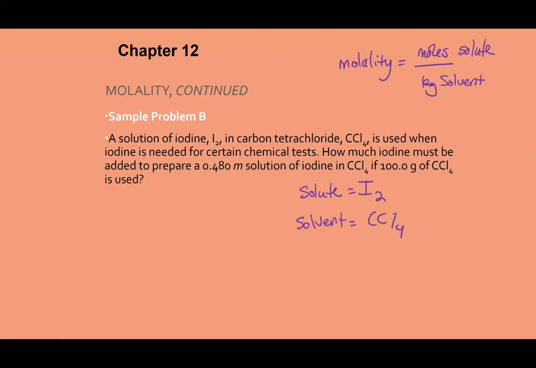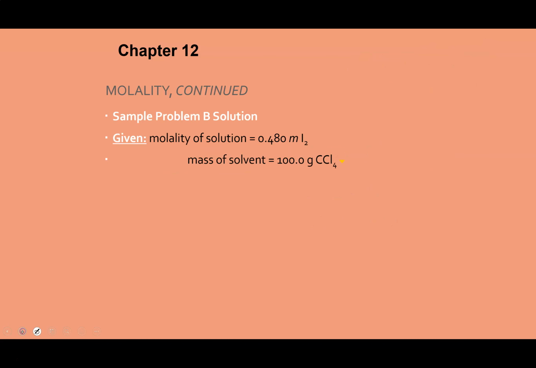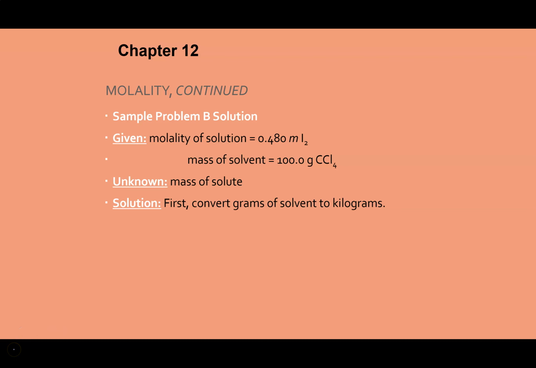Okay, so now we have some other pieces of information. Let's summarize what we have. We're given the molality of the solution altogether. We're given the solvent's mass, and we're asked to find the mass of the solute. Our first step is going to be to convert the grams of solvent to kilograms. So again, I'm just going to remind you of the formula. I'm going to do a shorthand.